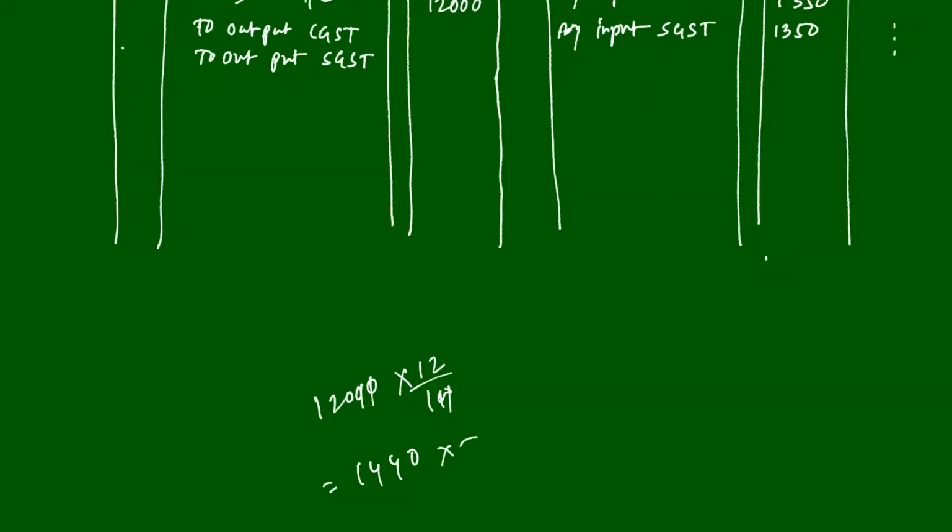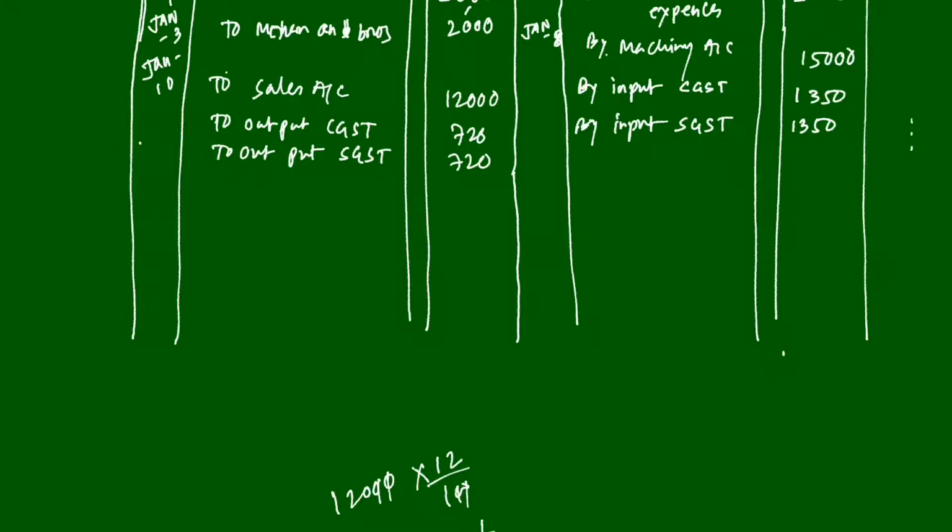So half is equal to 720. So 720, 720. Why half? Because you have to provide that GST in two ways, CGST and SGST. Okay. Next one is January 12.